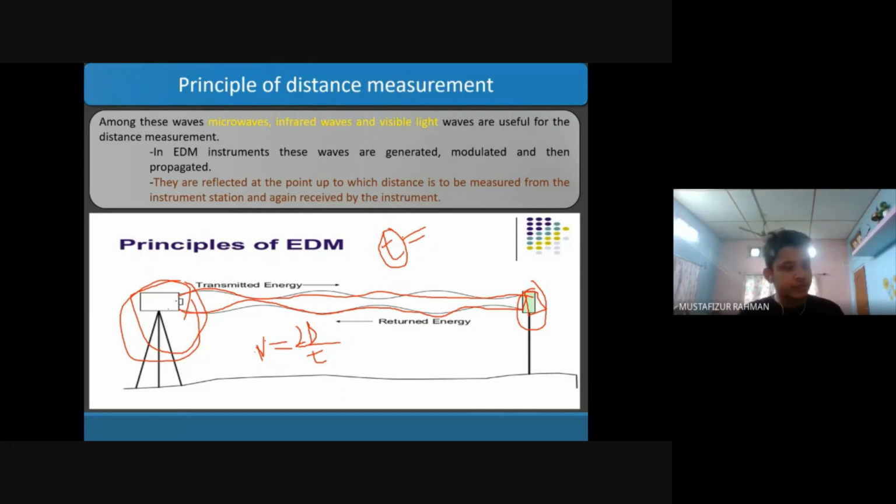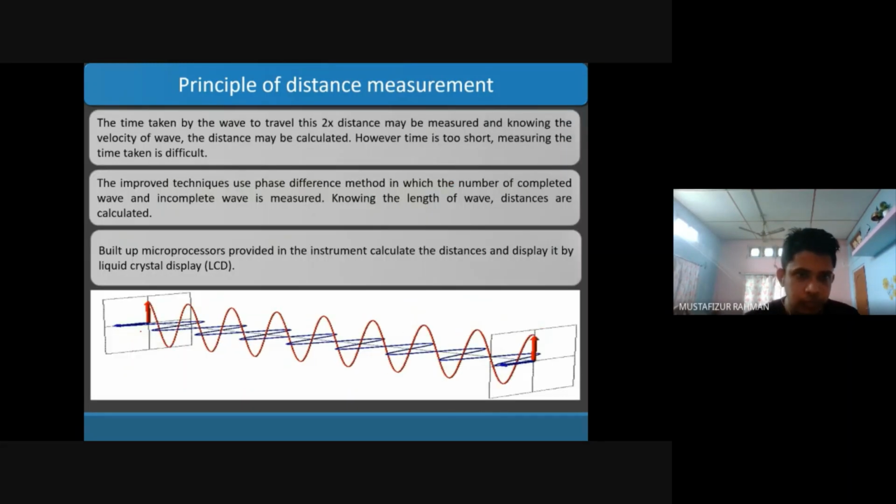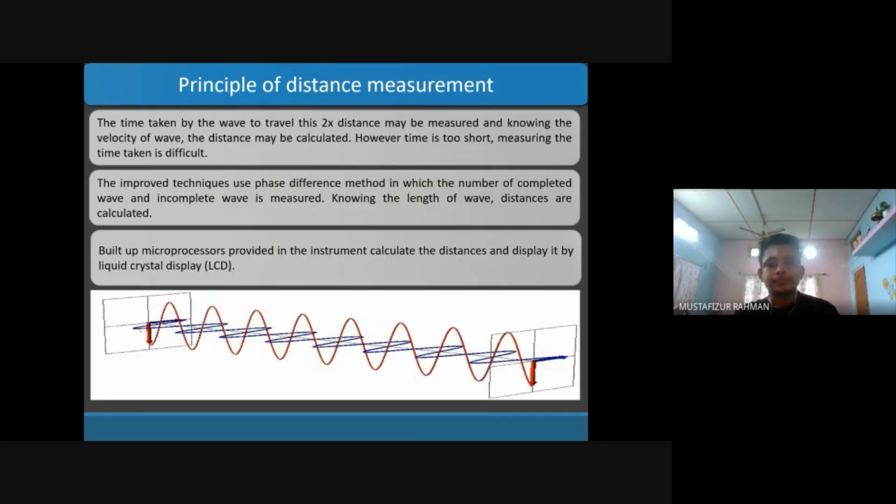Because it was reflected and it came back to the original instrument. All right, so distance traveled will be twice d, and the time required for this travel is t, and we can find out the distance from this simple formula if we can calculate the exact time of leaving the instrument of the electromagnetic wave and reflected back to him.